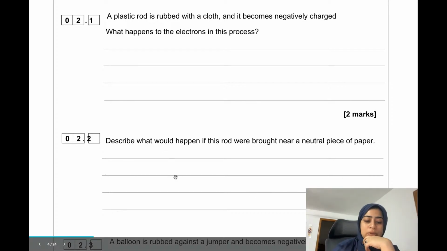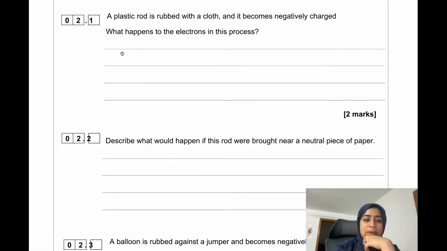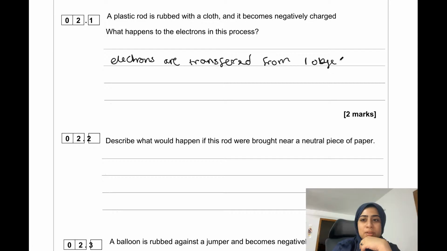So you'd get a mark for stating that the electrons are transferred from one object to another.